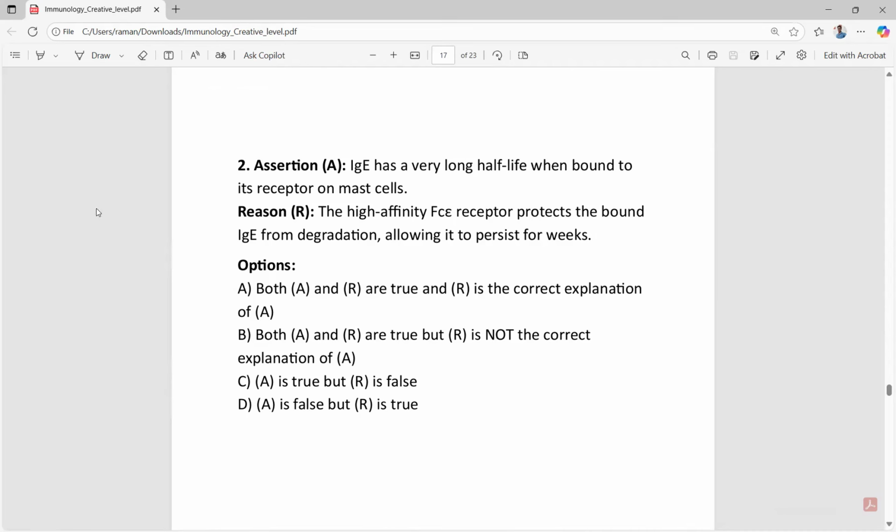The lifespan of IgE is very long. Why is it long? The high affinity Fc receptor protects the bound IgE from degradation, allowing it to persist for weeks. So both the assertion and the reason are correct for this one. So A is the right answer.